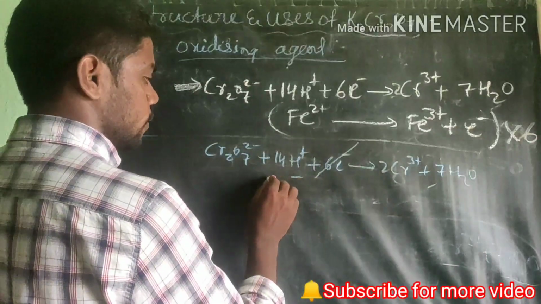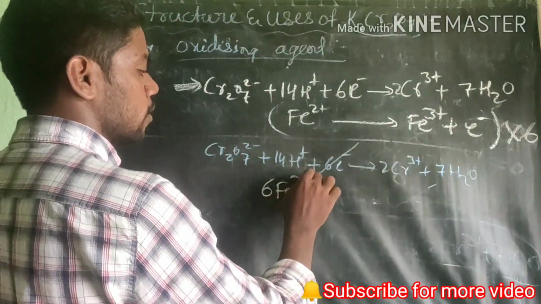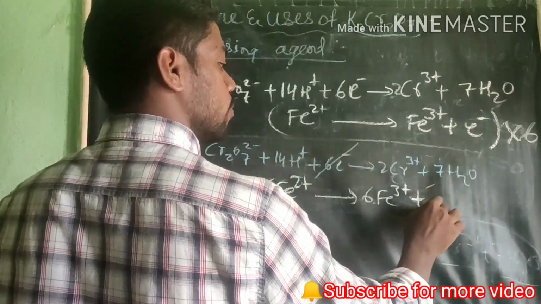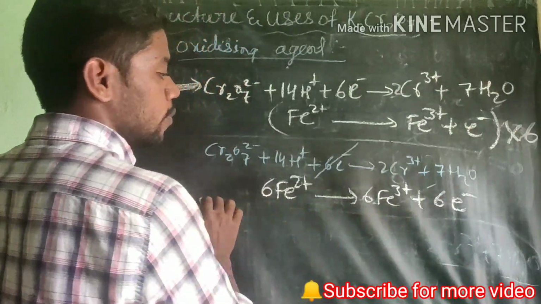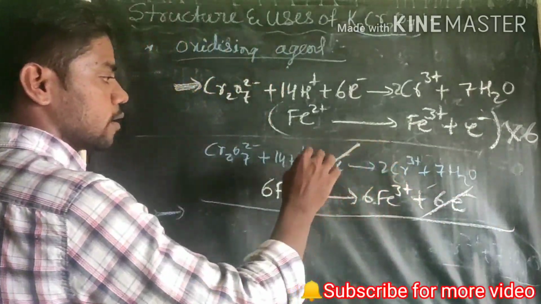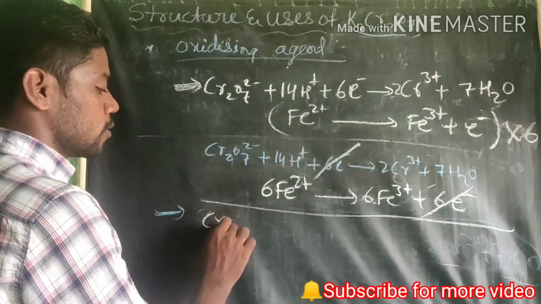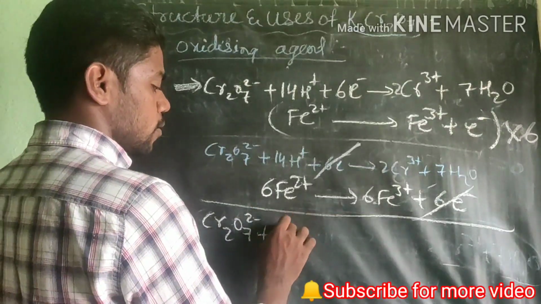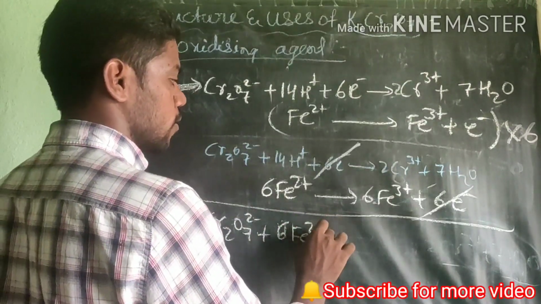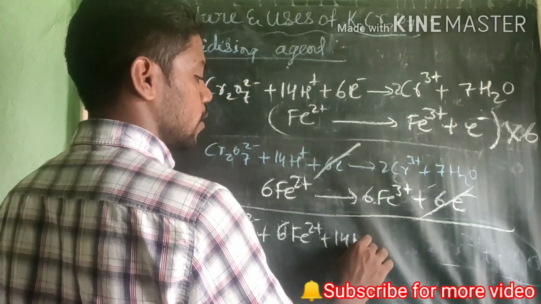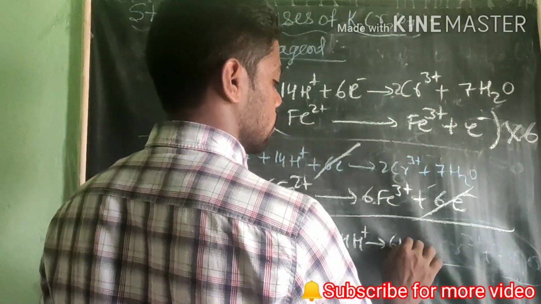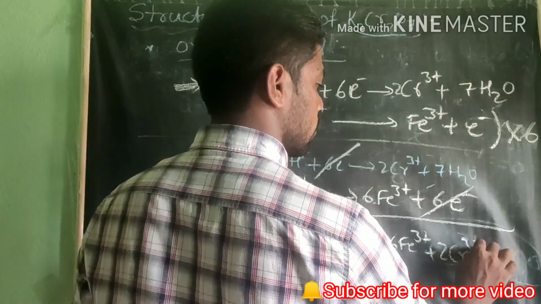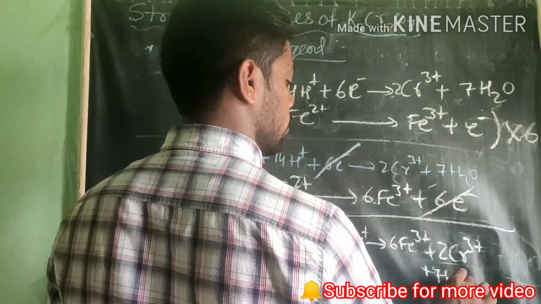What happens? 6 Fe2 plus is converted into 6 Fe3 plus with liberation of 6 electrons. Therefore the 6 electrons cancel each other. Therefore Cr2O7 2 minus plus 6 Fe2 plus plus 14H plus gives 6 Fe3 plus plus 2 Cr3 plus plus 7 H2O.